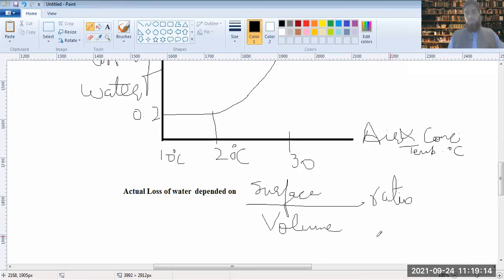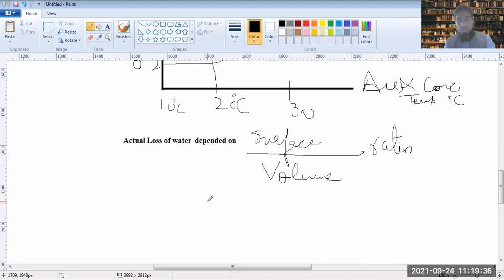So if the surface area is more, there will be more loss of water. If surface area with respect to the volume is less, so lesser this ratio, lesser will be the loss of water. Greater this ratio, surface to volume ratio, more the surface area, more will be the loss of water through evaporation. So the surfaces should ideally have less surface area, but you cannot avoid that.